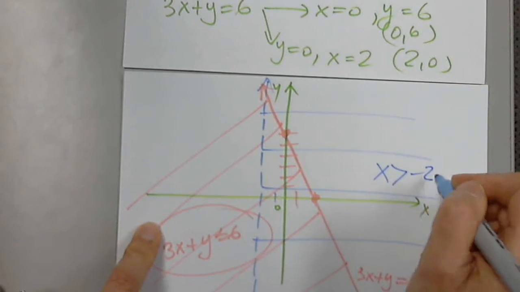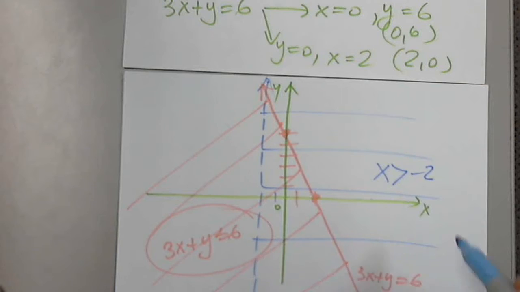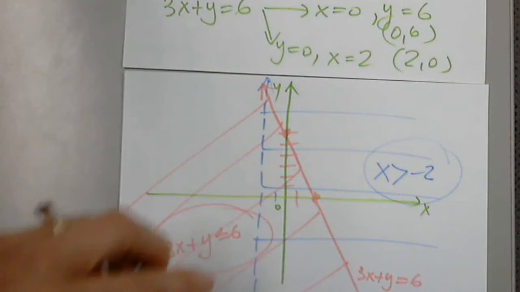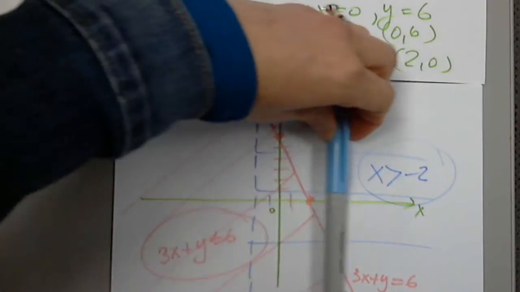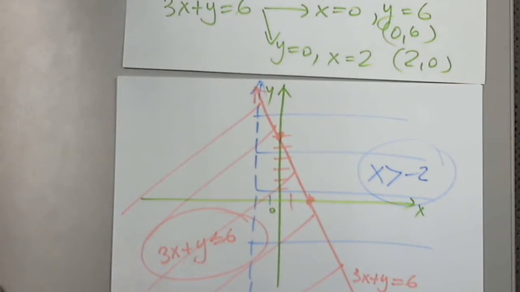x greater than -2. At this point, I cannot move on before I intersect the orange territory with the blue territory. Do they overlap? The orange, which is this, and the blue, which is this. They do.